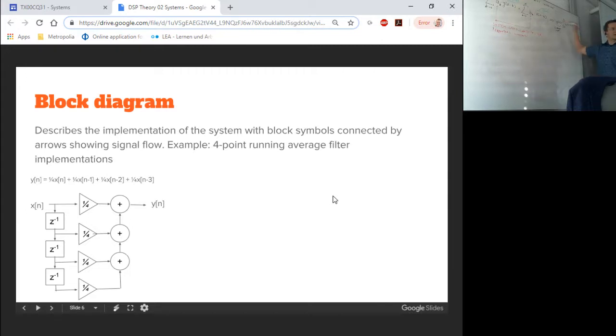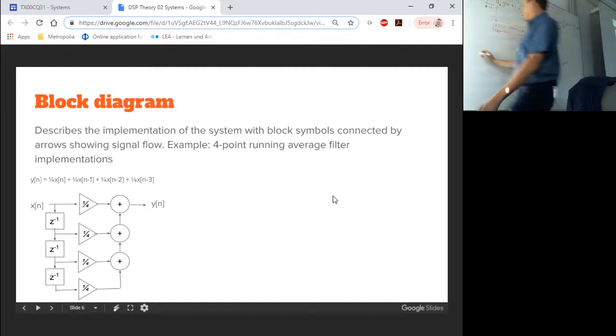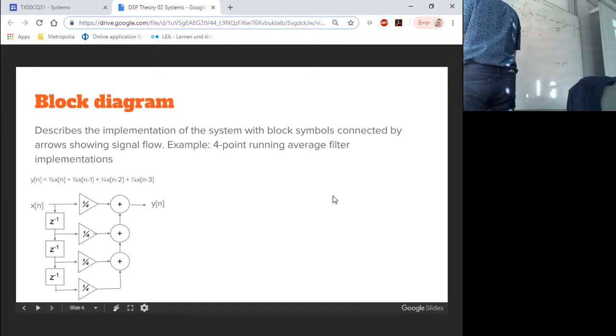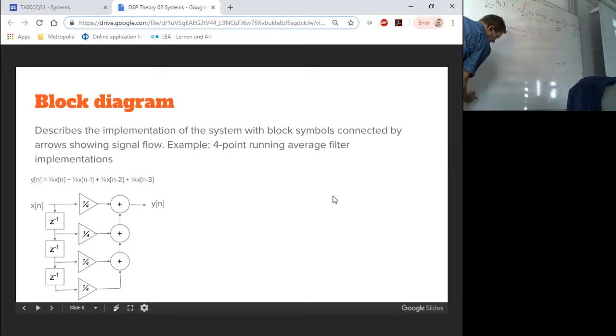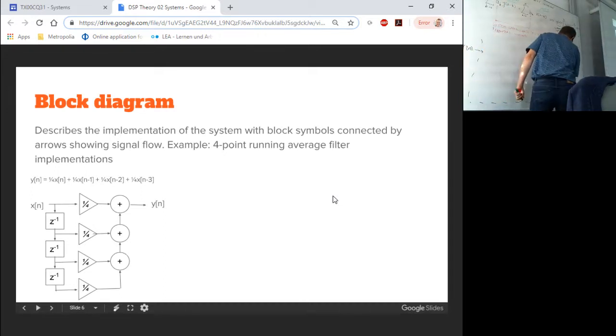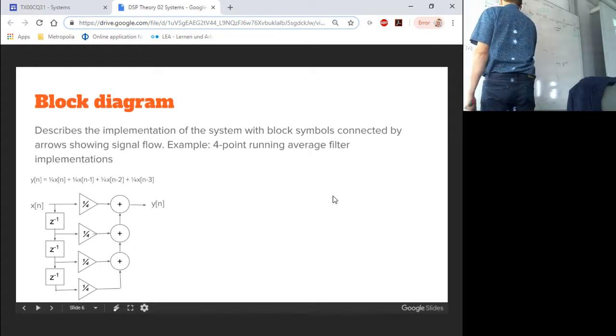This is a good place to start drawing the block diagram. So we have output y of n. Then we have one single input, x of n. And everything has to be happening here. This is our system.